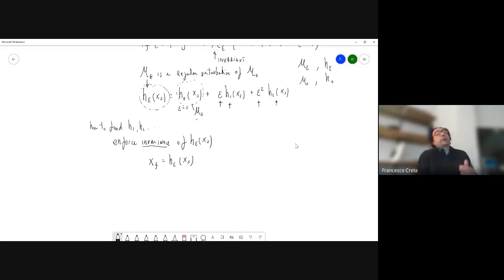You can think of h epsilon as a graph of any kind, like an algebraic function of some kind. What does it mean to enforce invariance? We have to say that this is actually a trajectory of the system. But we know from the singularly perturbed system that dx_f/dt is 1 over epsilon g_f.